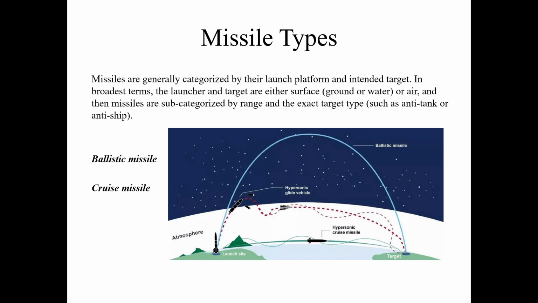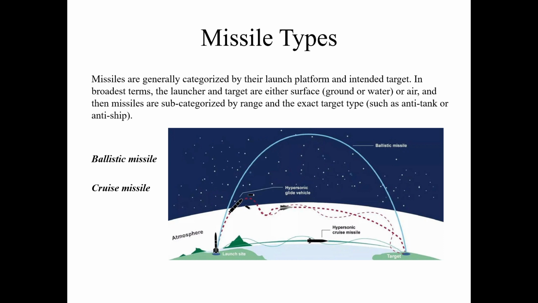Ballistic missiles have a long range with a very high terminal velocity. At the same time, the cruise missiles operate at a very low altitude, below 100 or 200. They will breathe air, and use the air breathing propulsion system to cruise or to propel the system.